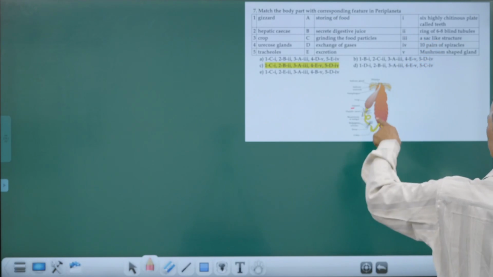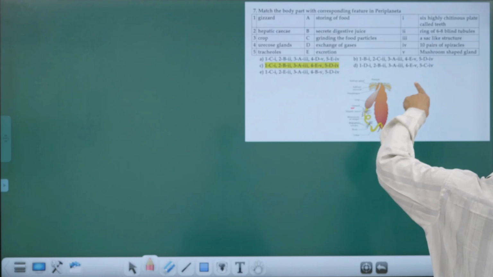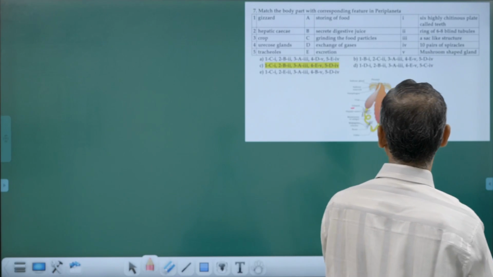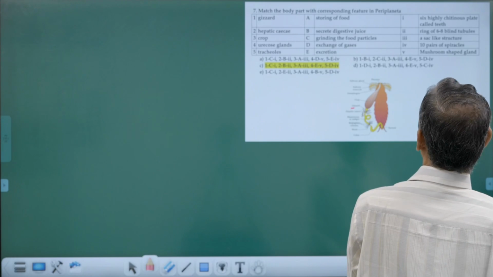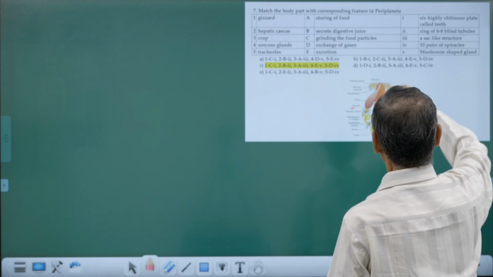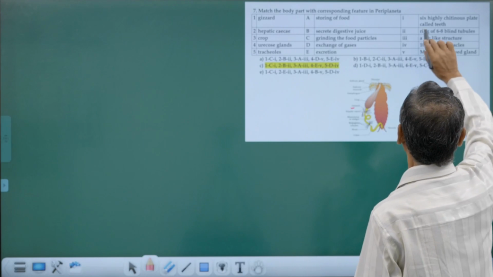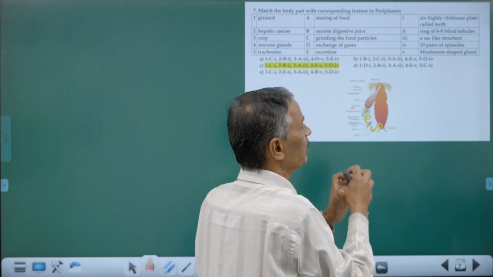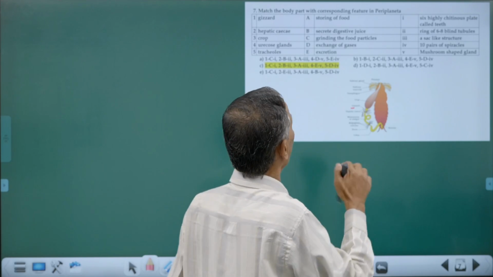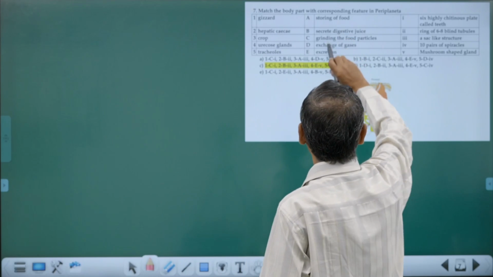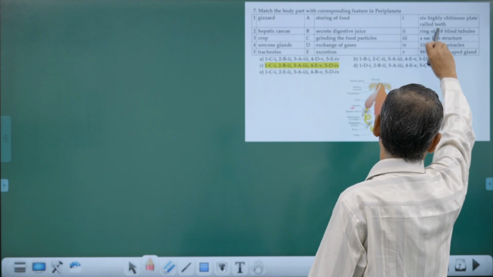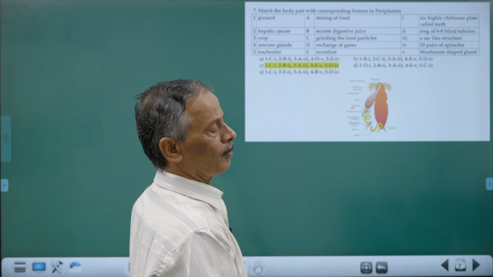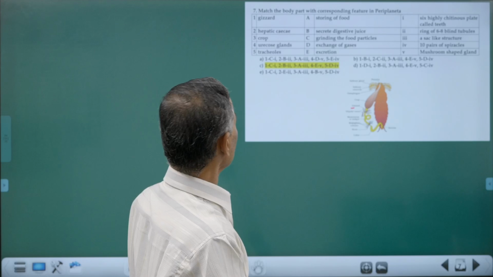Around that, you are having 6 to 8 blind tubules called hepatic caeca or gastric caeca. But within that, you will be having 6 chitinous plates. That's why they are all capable of grinding the food particles. Okay. So, gizzard is grinding food particles with the help of 6 teeth, chitinous teeth. These teeth are made up of chitinous plates.